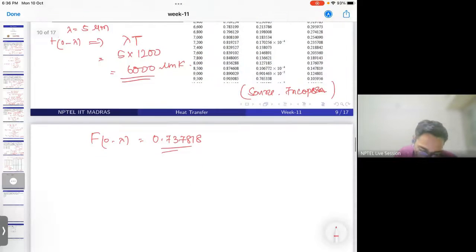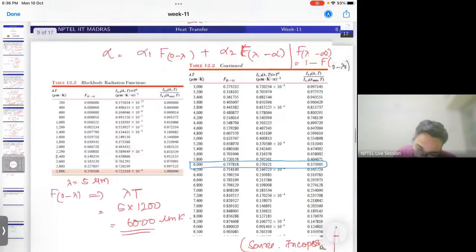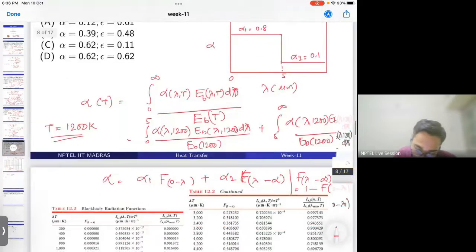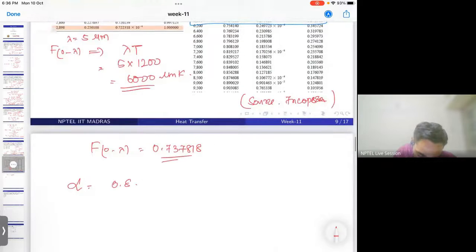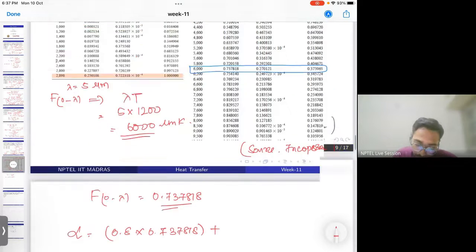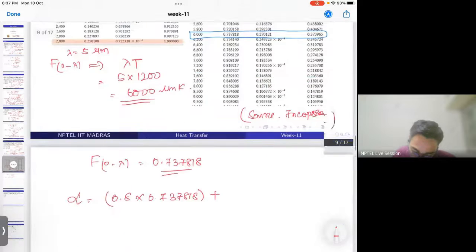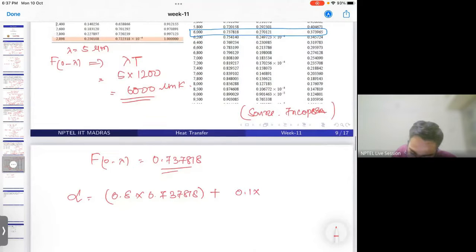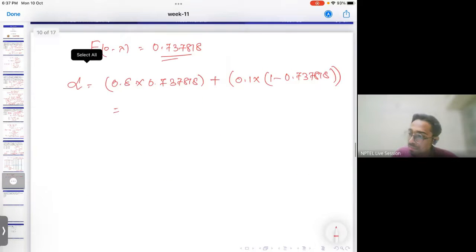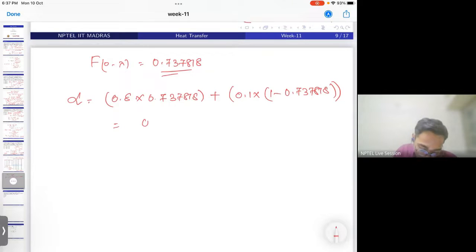So we can substitute this in the equation: alpha 1 is given as 0.8, so 0.8 times 0.737819, plus the next one, 0.1 times 1 minus 0.737819. If you substitute this, you will get the answer as 0.6164, which we can approximate as 0.62.